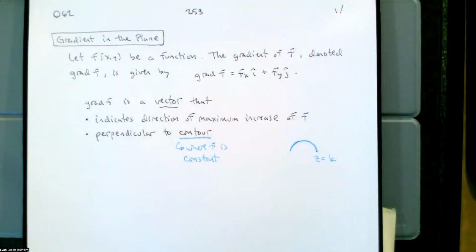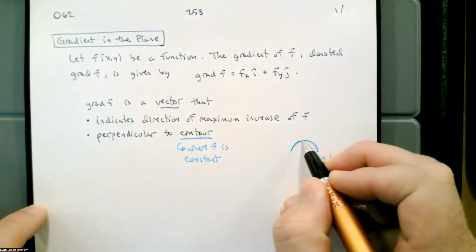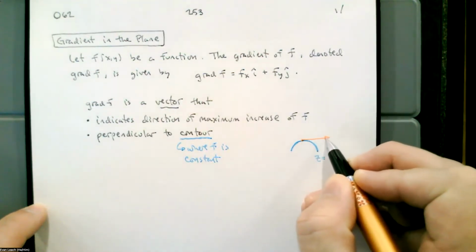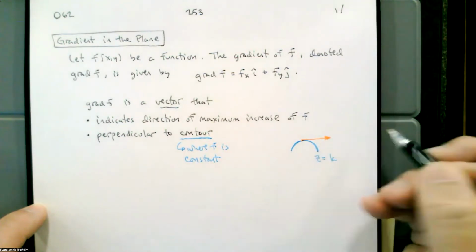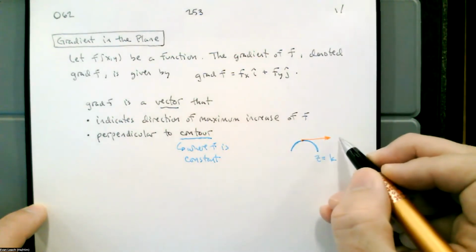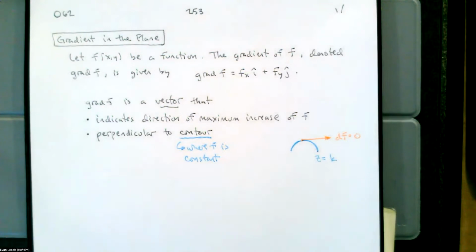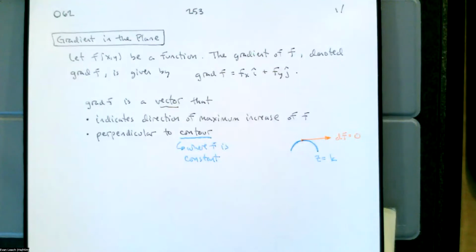So if at any point we're walking in the direction of the contour, the rate of change of f will be 0. The gradient will be perpendicular to this. That will indicate the direction of maximum increase.